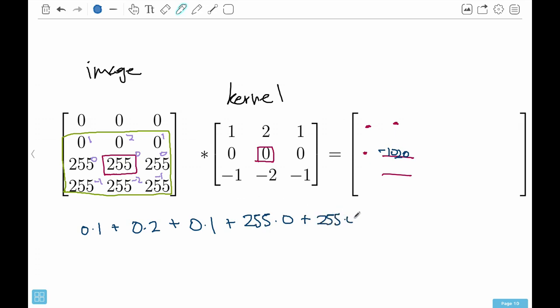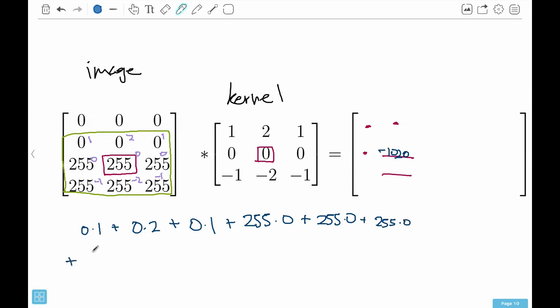Because all we're doing is taking the value inside of the image, which is the pixel value, and multiplying it by the value of the kernel that I've overlaid on top like a transparency. So we only look at this window, and notice that because we're looking at a window, we're not looking at the whole image, because we don't even consider this first row. Then 255 times 0.